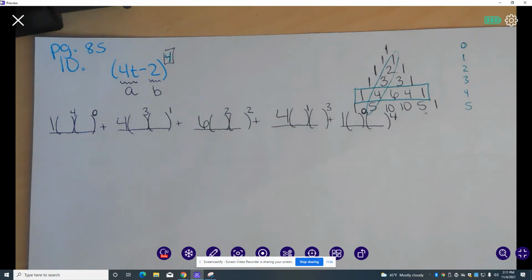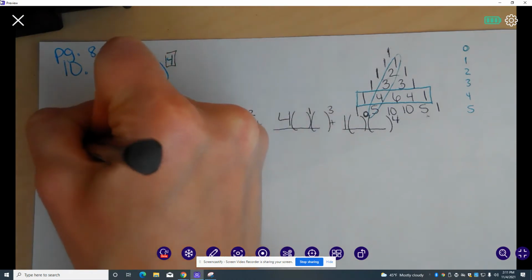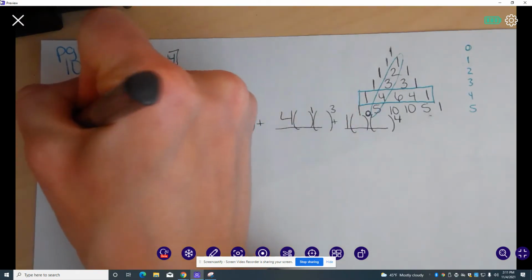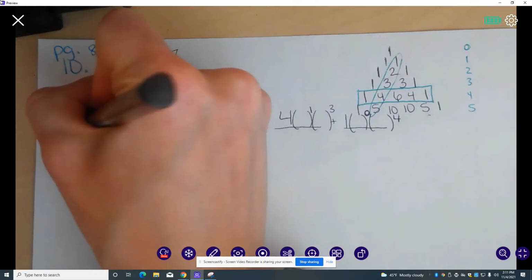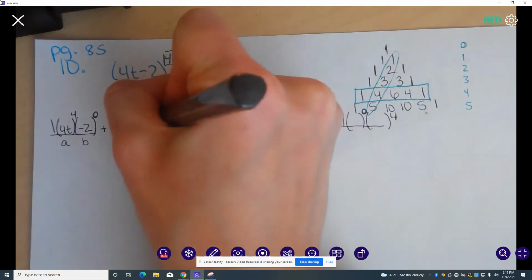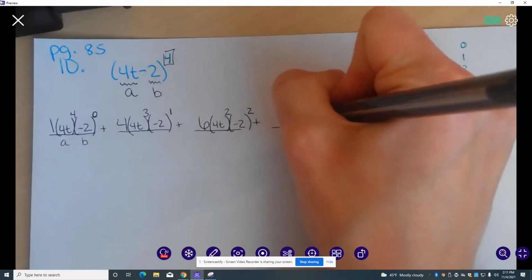Okay, and then finally what I'm going to do is put A, remember, in the first set of parentheses and my B term in the second set of parentheses, and I'm going to do this all throughout. Okay, so A is 4t and B is -2. That negative goes with B. So I'm just going to go ahead and put those in.